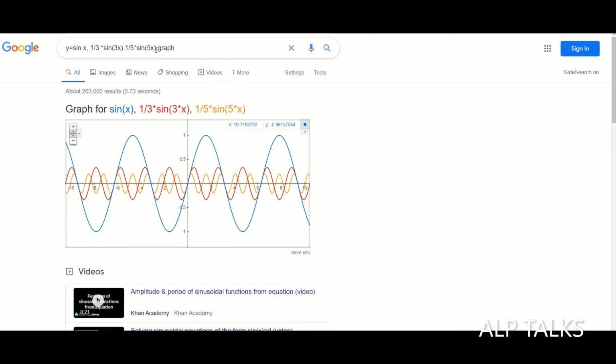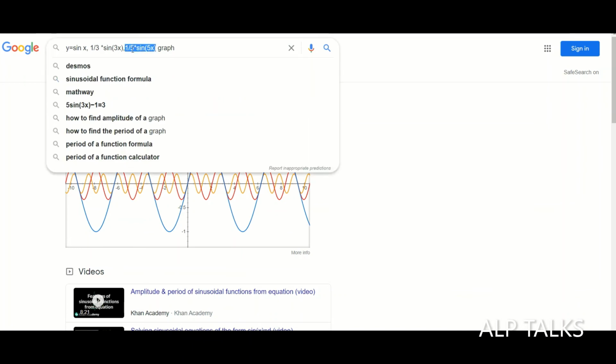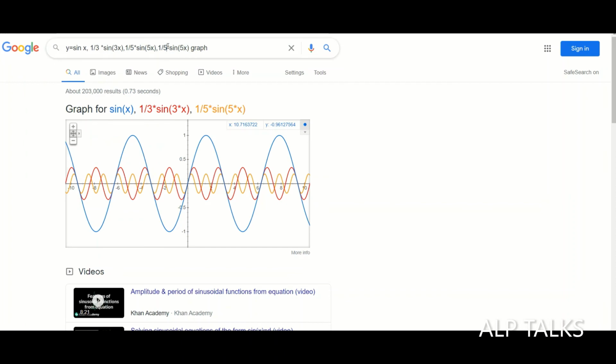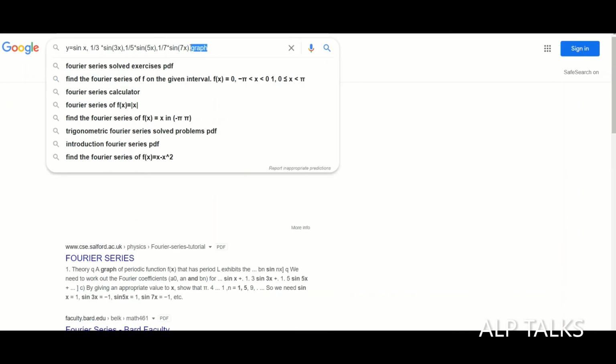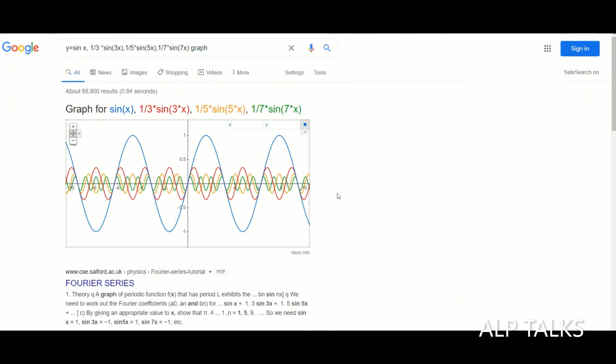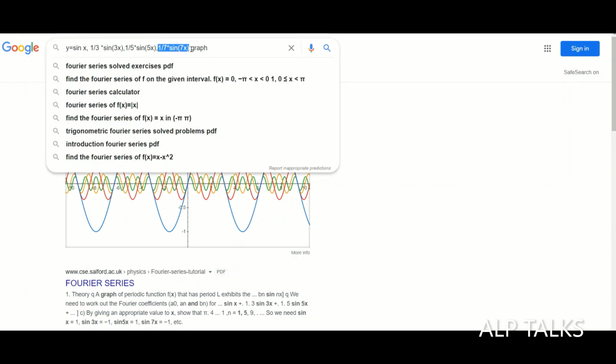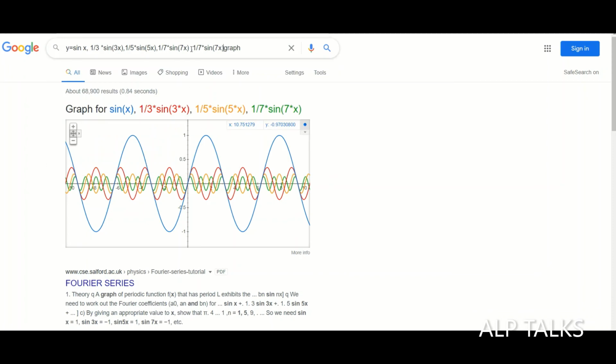In this way, let's draw the seventh harmonic. It will be 1/7 of the fundamental magnitude and 7 times the fundamental frequency. Like this, let's explore up to all the harmonics we have to draw. This is the ninth harmonic.